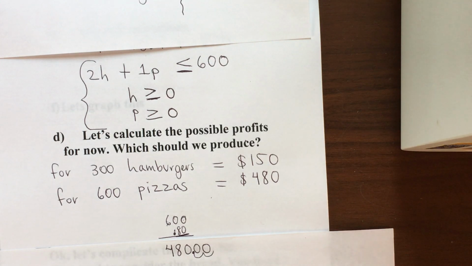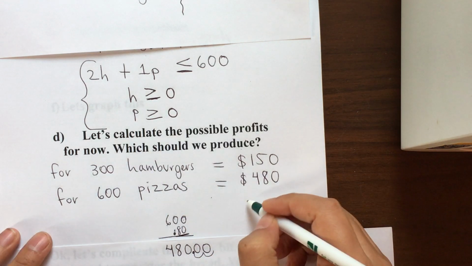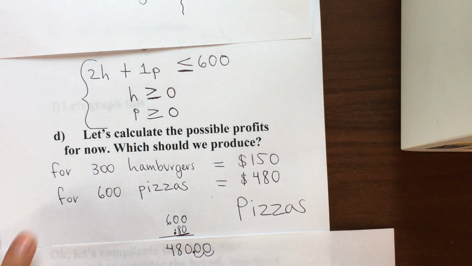If I don't do any hamburgers and I produce pizzas only, I'm going to get over three times as much for the pizza. So which should we produce? Pizzas again.